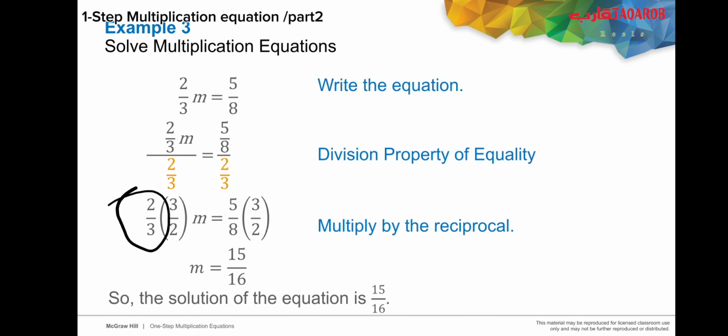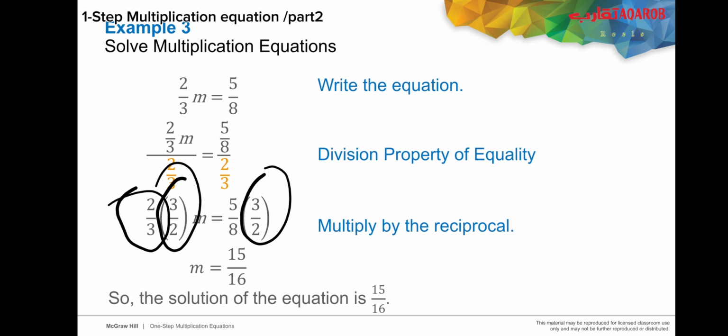And on the other side, since it's 5/8 divided by 2/3, I will multiply it instead of dividing, with the reciprocal, which is 3/2 again. So here it's 3/2, and here it's 3/2.